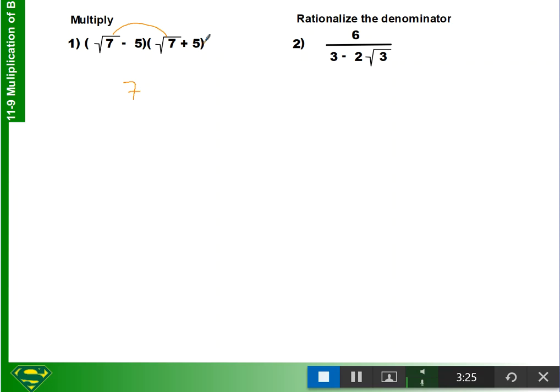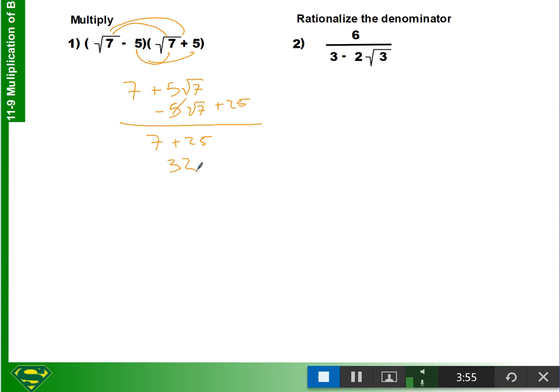Square root of 7 times 5 is 5 times square root of 7. Negative 5 times square root of 7 is minus 5 root 7. Negative 5 times positive 5 is positive 25. Notice how we have opposites which cancel, so we get 7 plus 25, and 7 plus 25 is in fact 32.